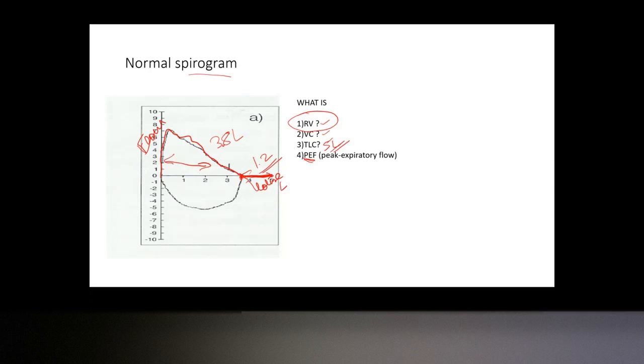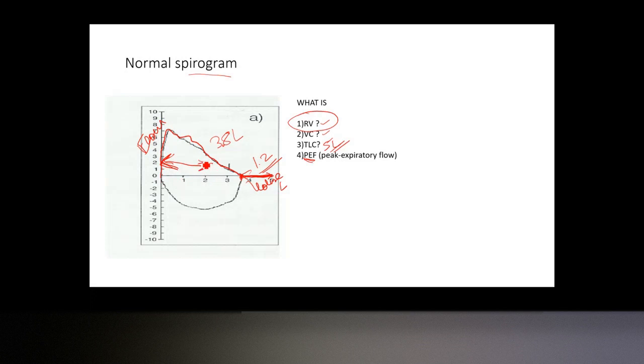Vital capacity would be the total amount of volume of air that you would breathe in and out forcibly. So I just told you about the graph saying that I breathe so much air out, right?